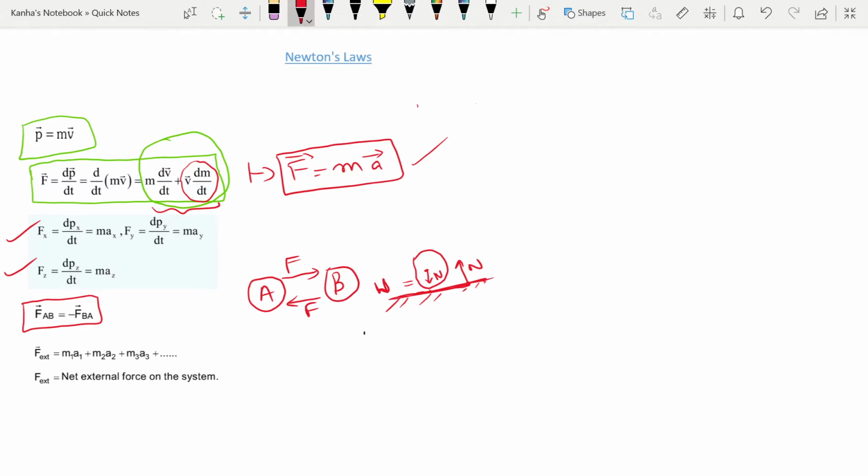Similarly, you will have cases where there are 2 blocks like this and you are trying to push a block in this direction.